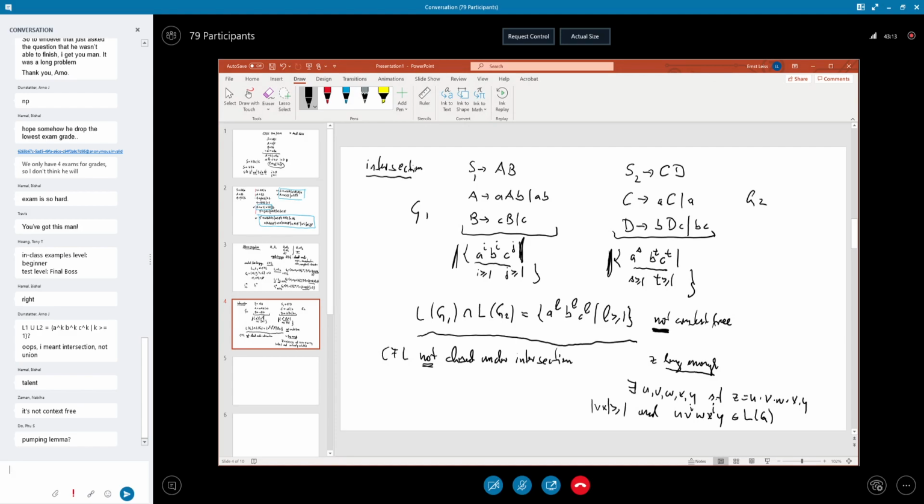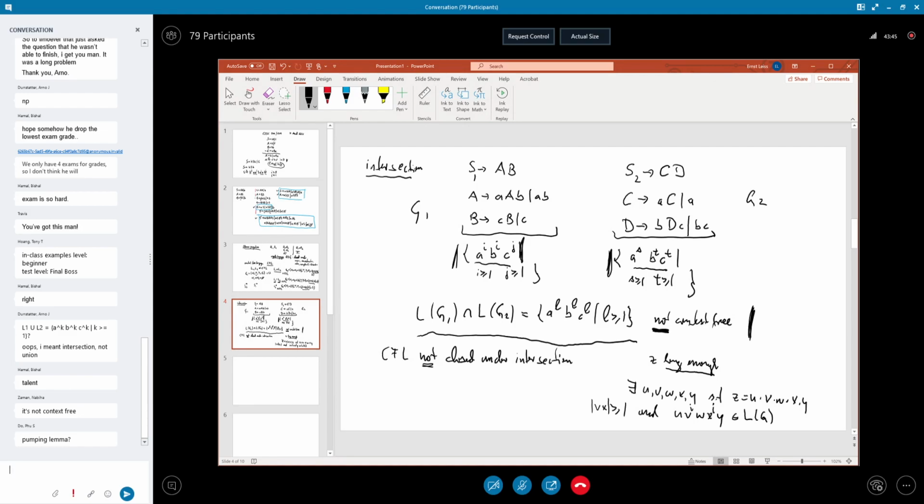And of course, using this pumping lemma, we then showed that this language was not context-free by obtaining a contradiction in each of the cases where we assume what V and X are all about. So if you remember, we had something like 14 different cases that we distinguished, and in each case we got a contradiction.